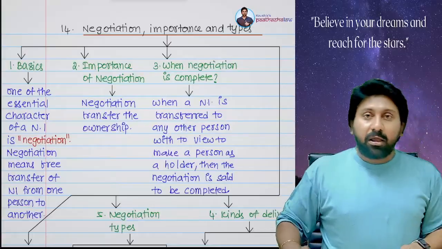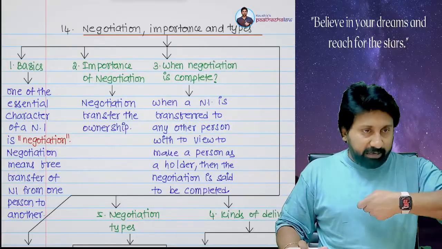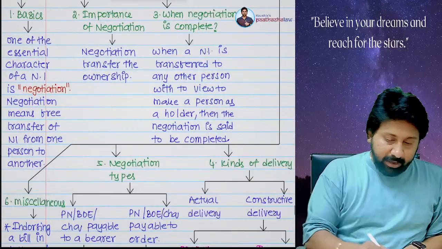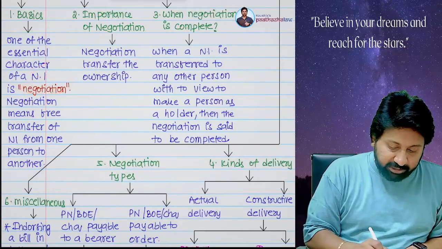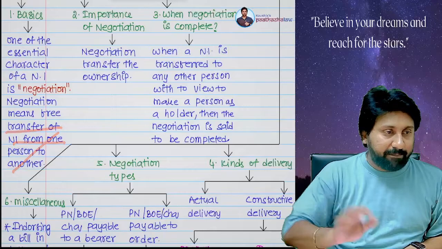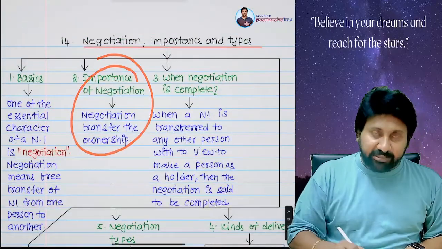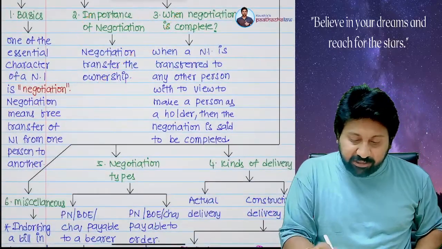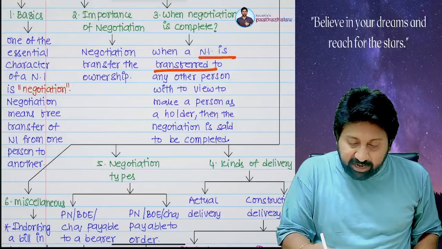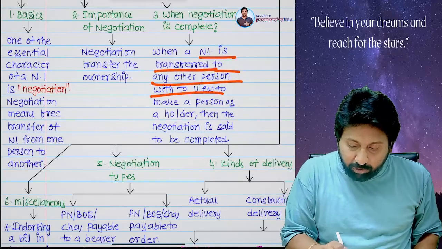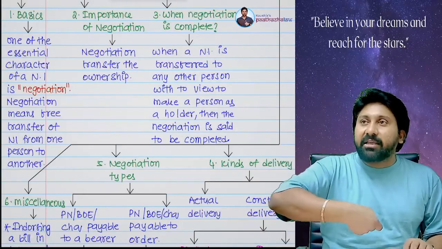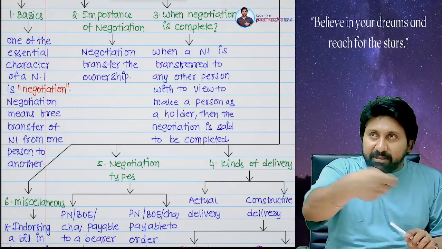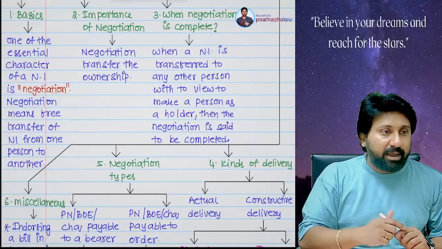Next, negotiation types. What is negotiation? Delivery, giving it from one person to another. One of the essential characters of a negotiable instrument is negotiation. Negotiation means a free transfer of a negotiable instrument from one person to another. Importance of negotiation: ownership will be transferred. When negotiation is complete, the instrument is transferred to another person with a view to make that person a holder.